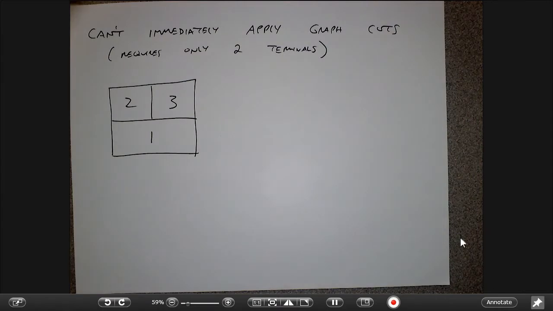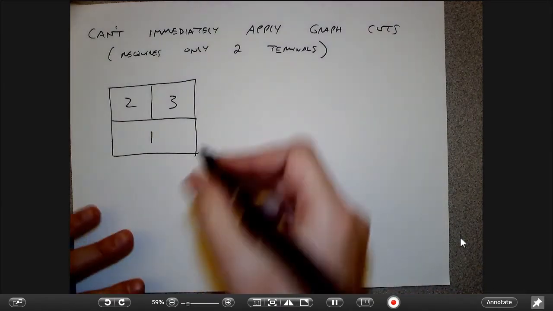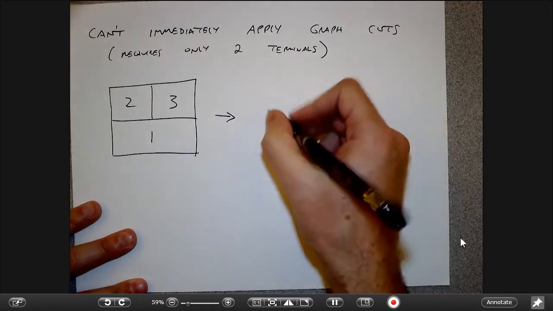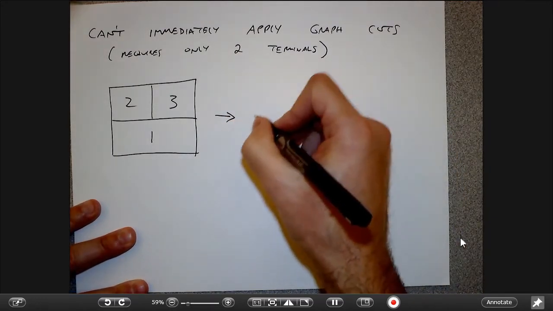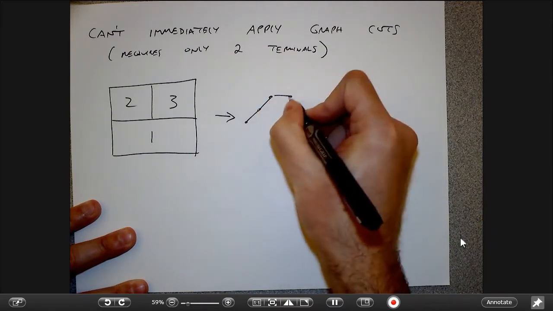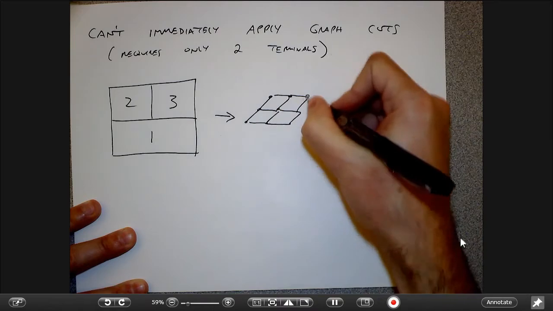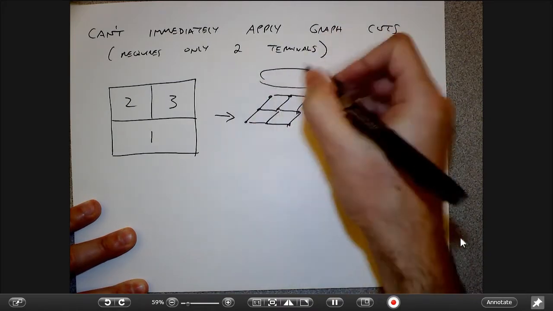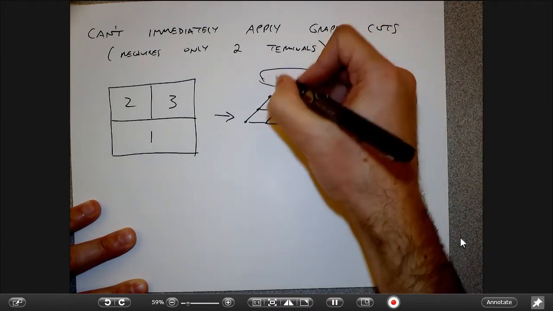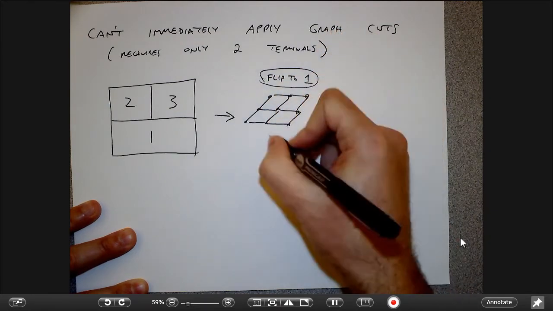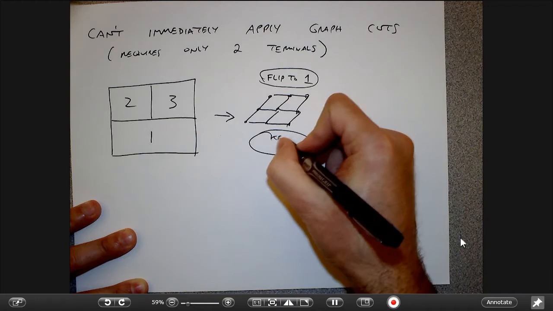And so what I might do is solve a problem where I cycle through, saying I've got my graph, and these guys are connected to 2 terminals, and those terminals are named flip to 1 or keep current label.